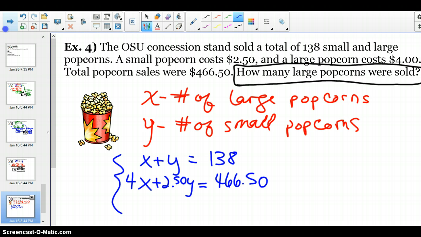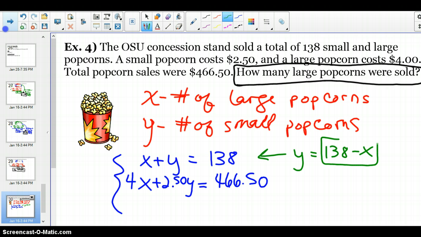Okay, now you can use elimination here. You can multiply probably the top equation by a number, and you can just add down. That works. I'm just going to refresh our memory about substitution. So I'm going to solve this with substitution. I'm going to solve this equation here for y. So y is equal to 138 minus x.